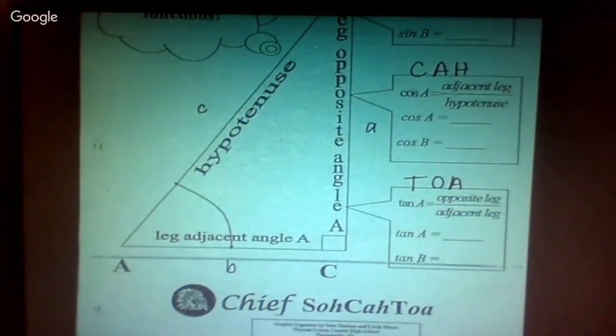The spelling of this is very important. If you do not spell it correctly, when you go to plug it in, it will be wrong. So you must remember it is SOHCAHTOA. That's going to be very important.